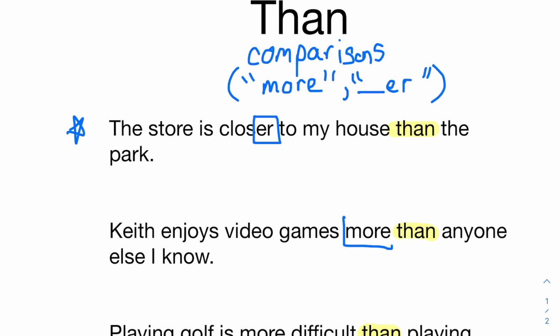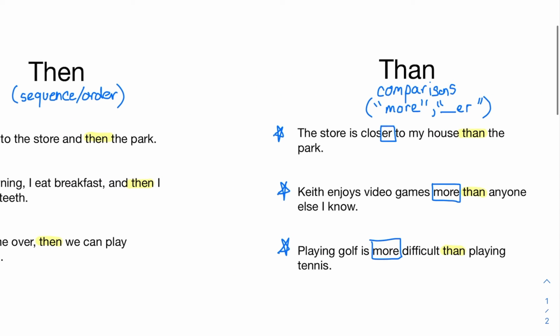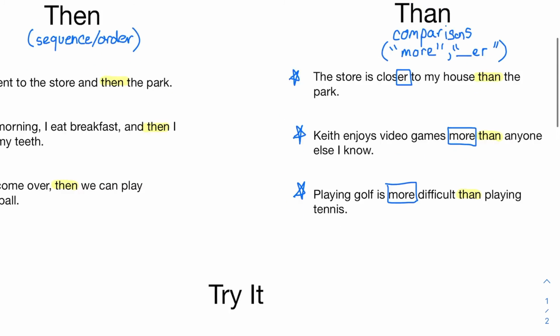So hopefully we were able to hone in on the word "more." And for example 3, we see "more" used again there. So it's really important that we keep in mind some of those clues that we can look for to know from context whether we should be using "then" or "than." But definitionally for each, we want to make sure we understand "then" means we're looking at sequence or order, and "than" means we're looking at comparisons.